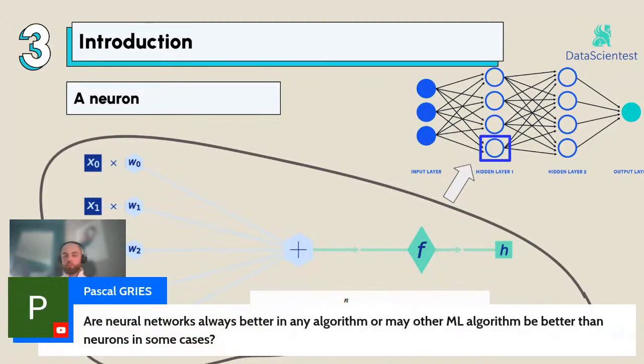Great question from Pascal. Are neural networks always better than any algorithm, or may other ML algorithms be better than neural networks in some cases? Actually, for structured data, this kind of computation is not always better.